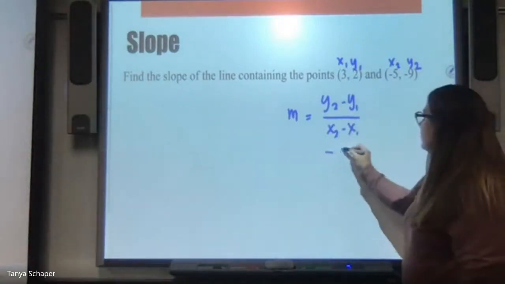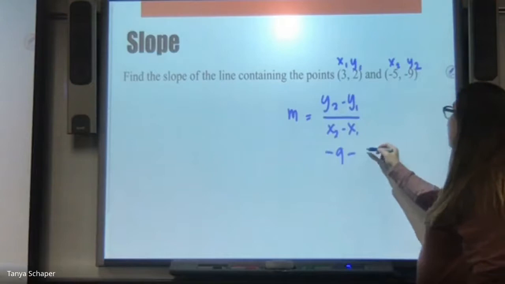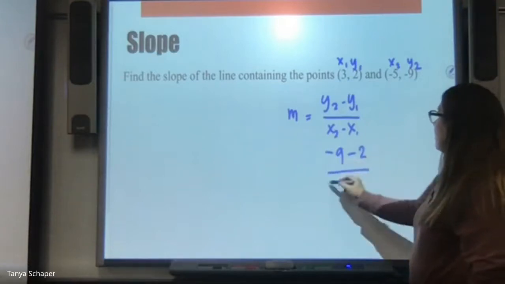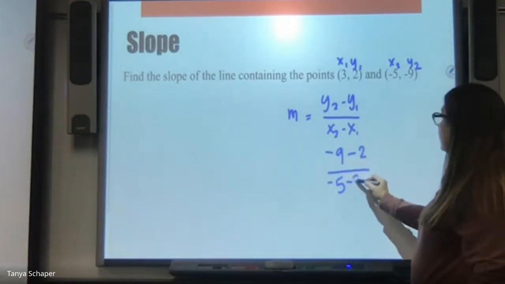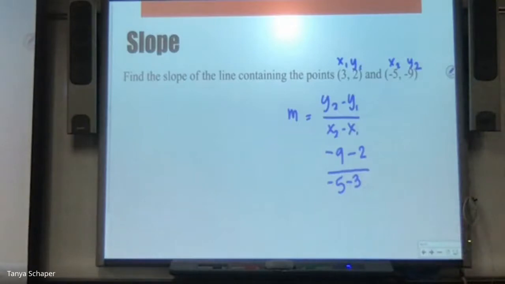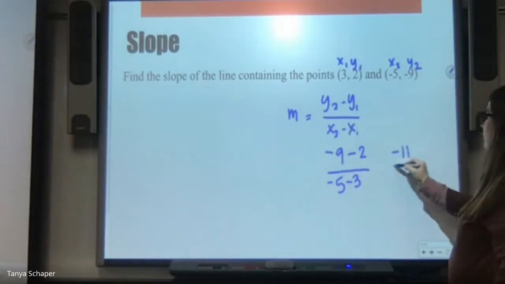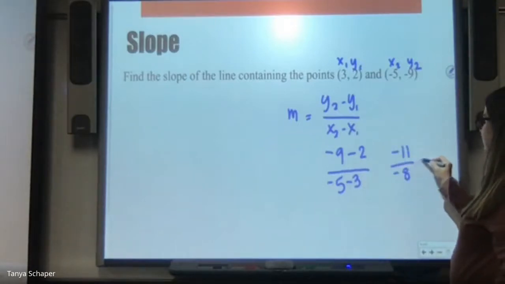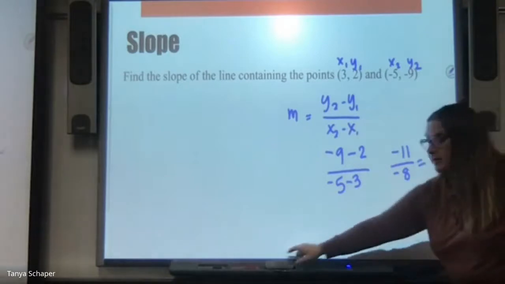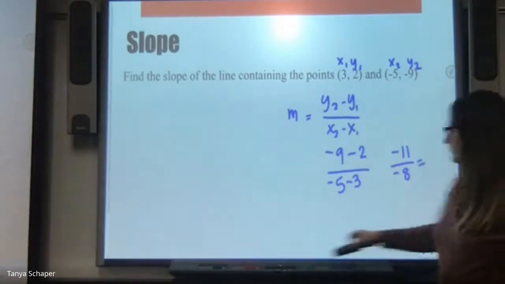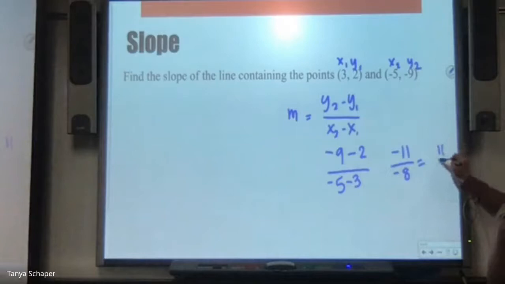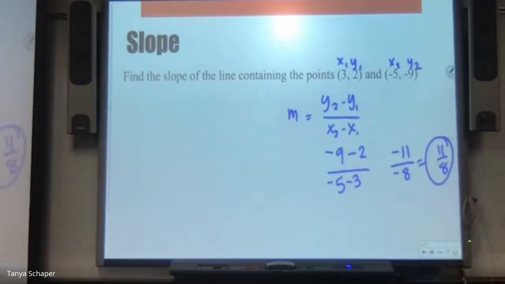Watch your negatives here, kiddos. Negative 9 minus 2 over negative 5 minus 3, which is negative 11 over negative 8. We'd like to see you keep it in fraction form and simplify. So 11/8. There you go, 11/8. And that's how you find the slope.